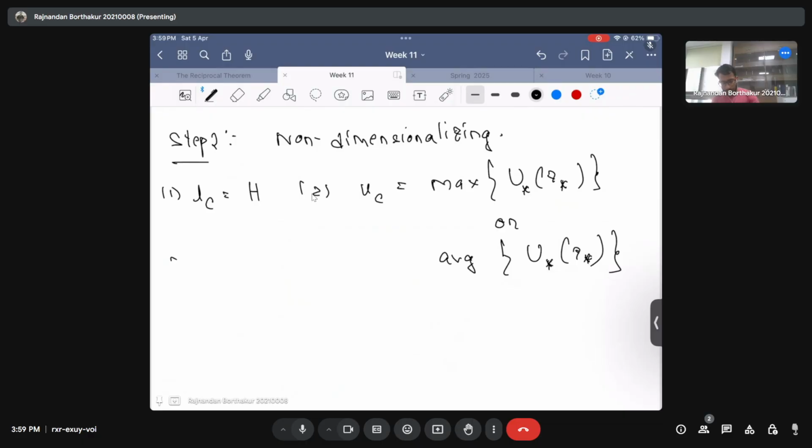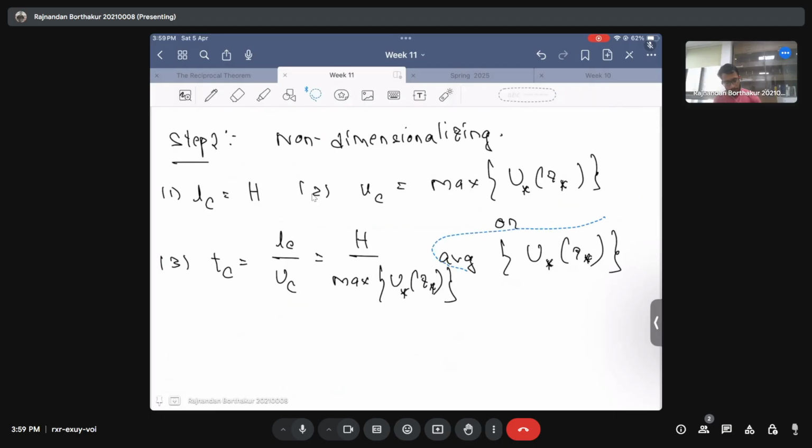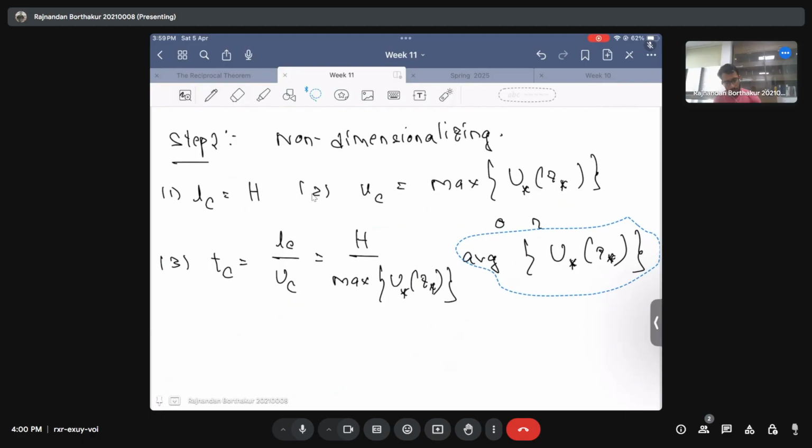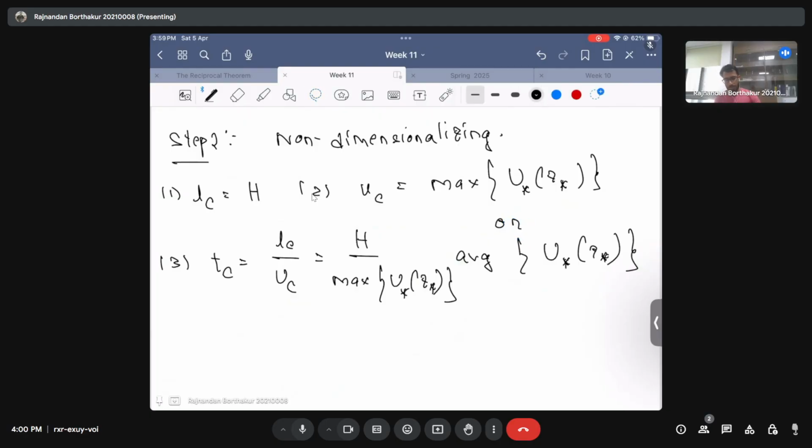This means that my time scale, which is now the advection time scale, is just the length scale by uc, which is h by max of u star as a function of z star. This is going to be my time scale for the problem.